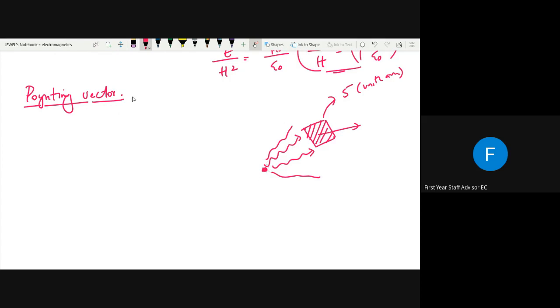It is called the Poynting vector, and the direction of the Poynting vector is perpendicular to the surface we are considering.